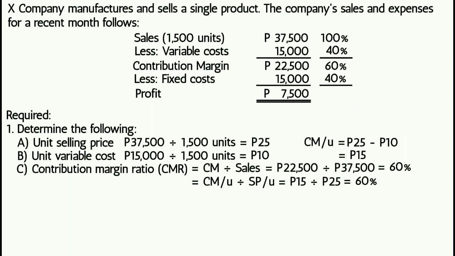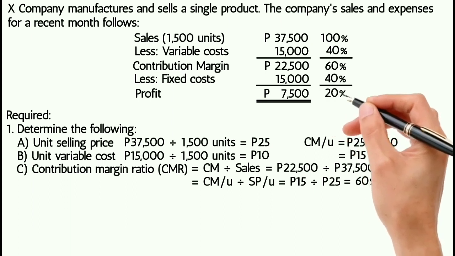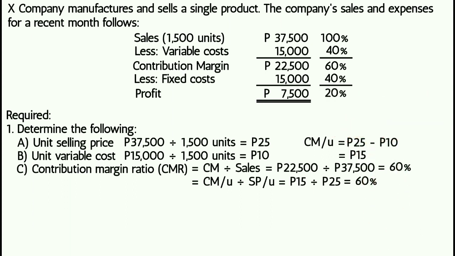So, 7,500 pesos divided by 37,500 pesos, that is equal to 20%. Yung fixed cost ratio na 40% plus yung profit ratio na 20%, yan ay equal sa contribution margin ratio na 60%.